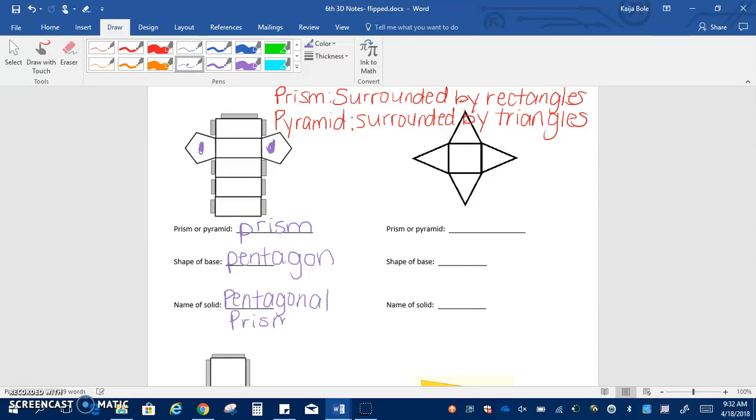Right, so you put them both together. Right, this next example here, prism or pyramid, this is surrounded by triangles, so this would be a pyramid. Our base here in the middle is a square. So that means the solid would then be a square pyramid.